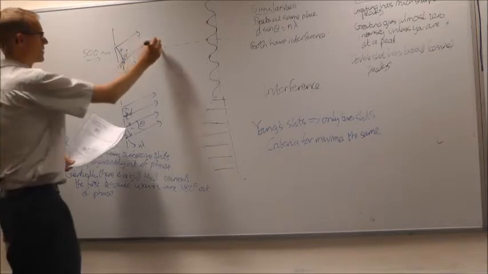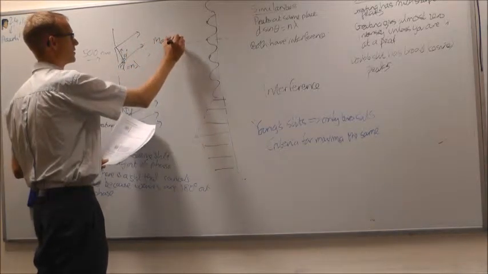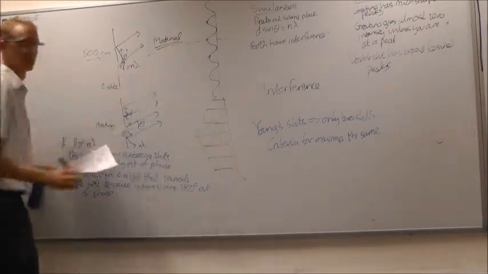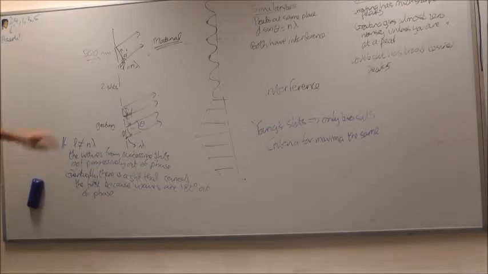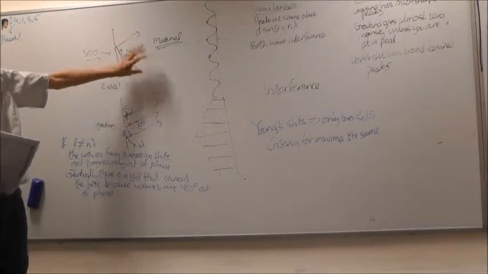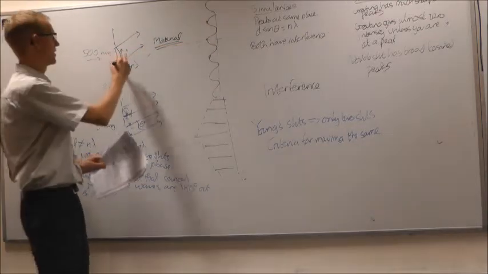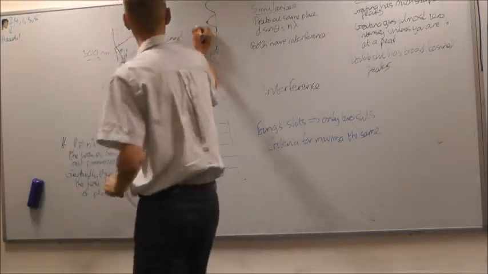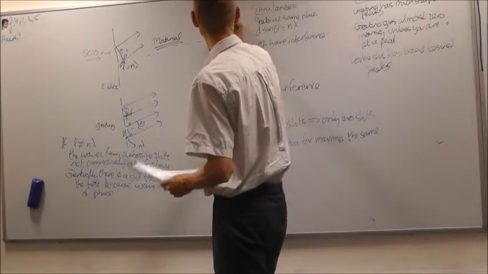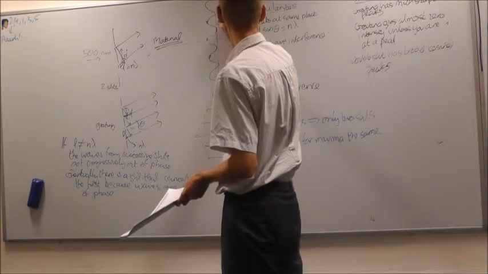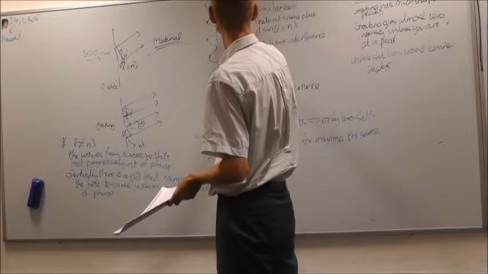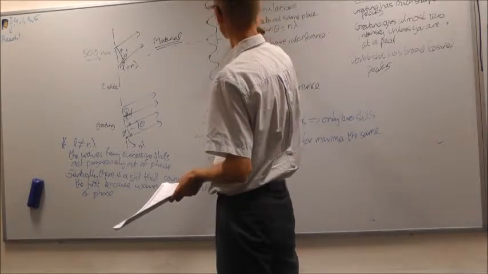So now we put a material in here. Okay. Let's have a think. So here's our Young's fringes. Your peaks are such where d sine theta equals n lambda.